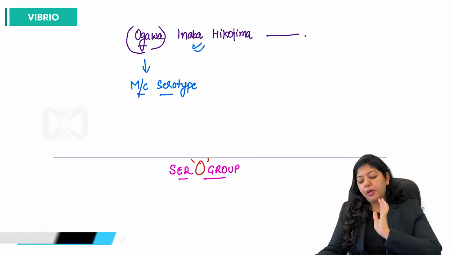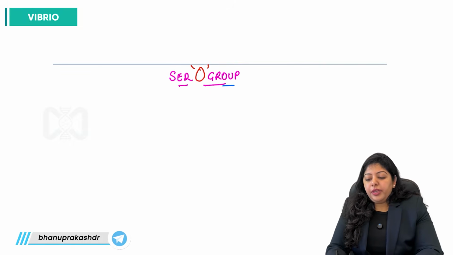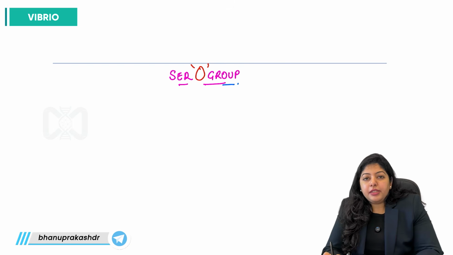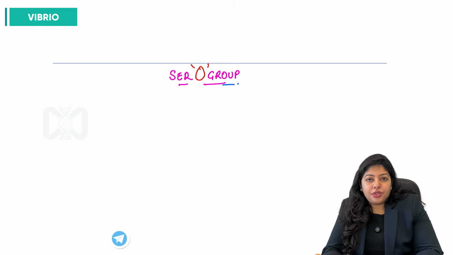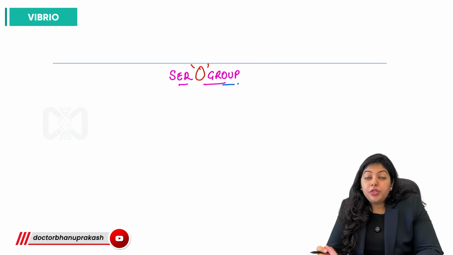Now talking about the serogroup. When we say serogrouping is done, for any grouping we require certain antigens. For serological reactions, we require antigen-antibody reactions, right? So for serogrouping also we require an antigen.